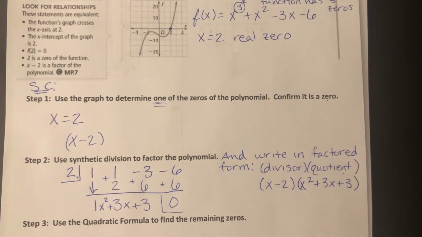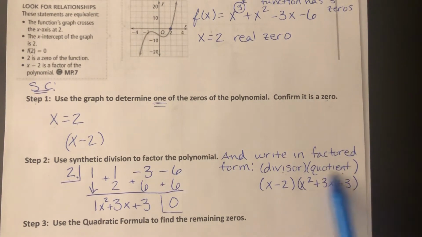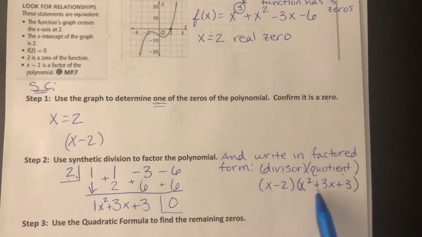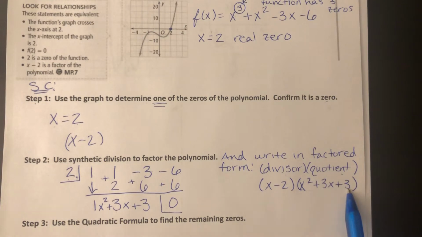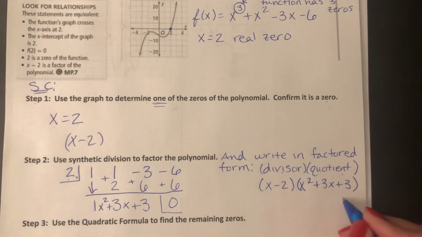Okay. Now, we have one factor. We need to find the other zeros by factoring this polynomial here. However, x squared plus 3x plus 3 cannot be factored. There's no factors of 3 that add to 3. You only have 1 times 3 here, and 1 plus 3 is 4, so that doesn't work.